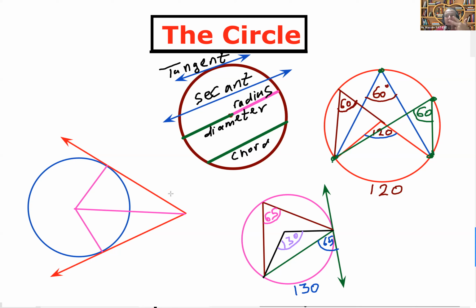Who can tell me the three items of congruency? I need three things for congruency. Just tell me one of them. Which one is clear for you? Who can start?